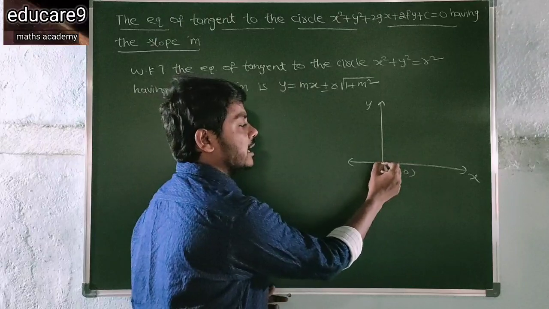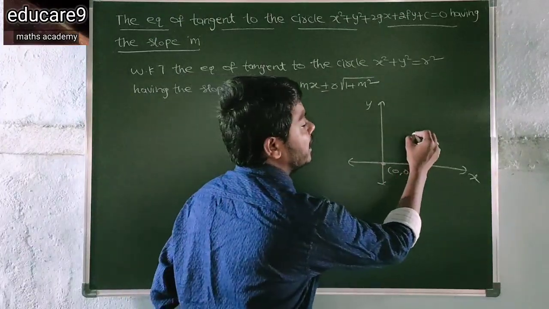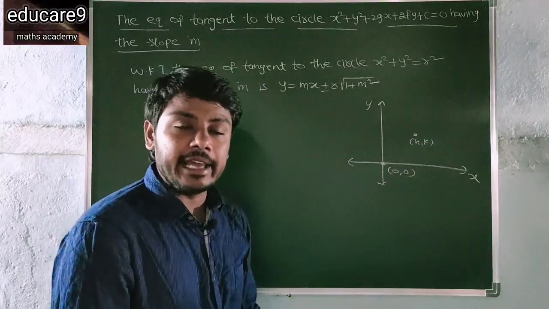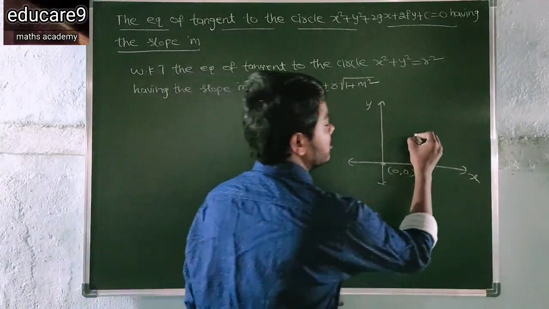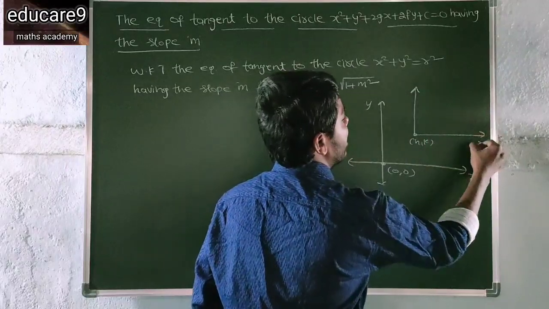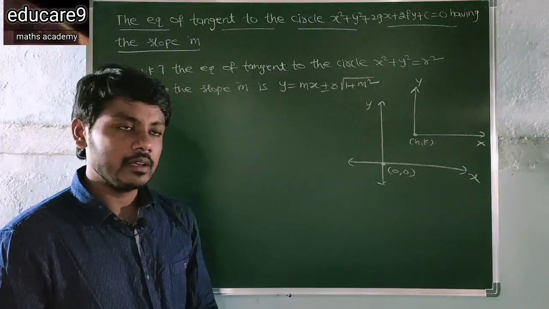Suppose this origin is shifted to the point h comma k without changing the direction of the axis. So that is like this. This is the new axis, denoted by capital X and capital Y.